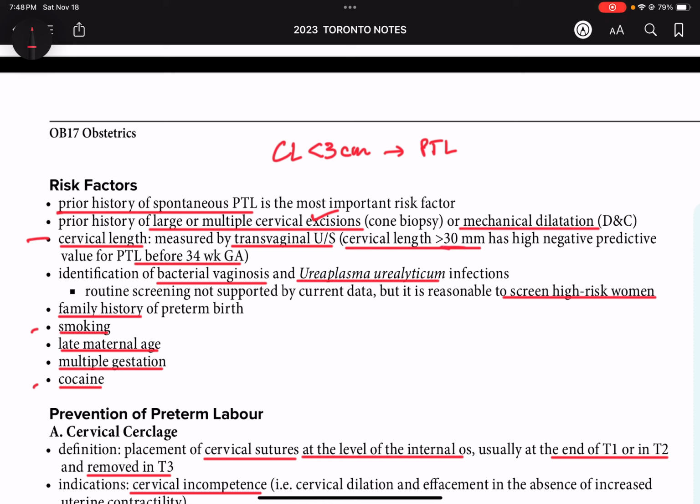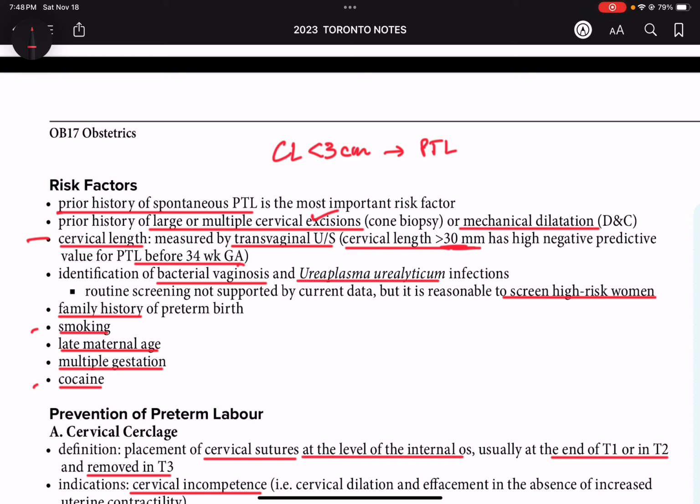Cervical length of more than 30 millimeters, which is 3 centimeters, has a high negative predictive value for preterm labor before 34 weeks of gestational age. So before 34 weeks, a cervical length of more than 3 centimeters is good. Negative predictive value means there are higher chances of true negatives, like whatever would be negative, it would be true.